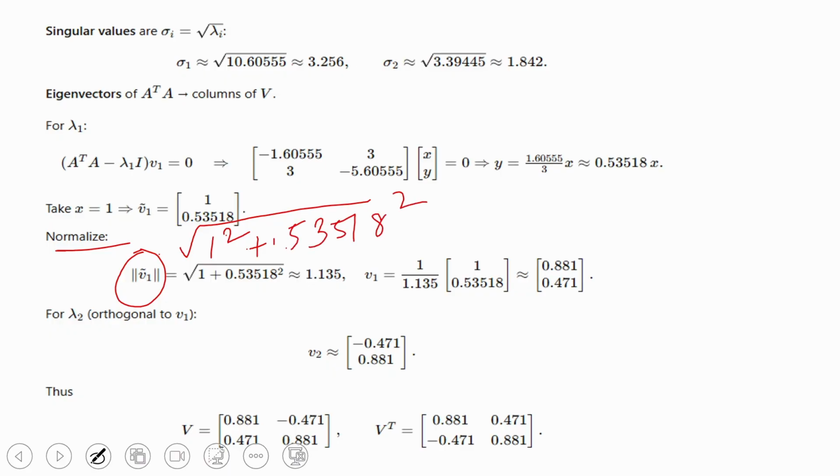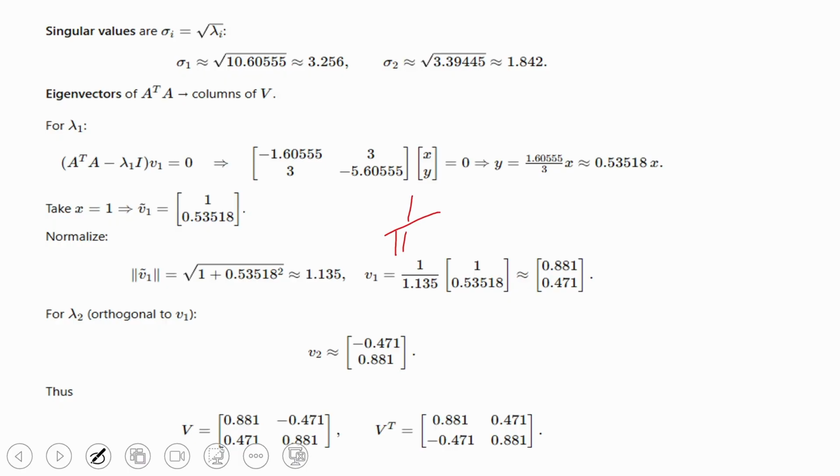8 square. This is equal to 1.135. Now V1 equal to 1 by norm of V1 into V vector. V1 vector, that is norm of V1 is 1.135.